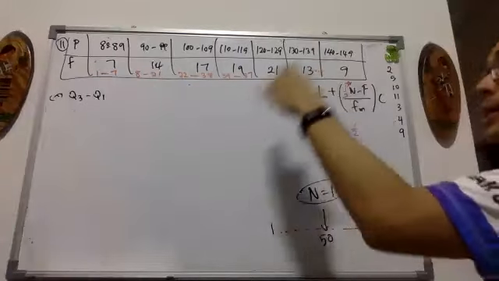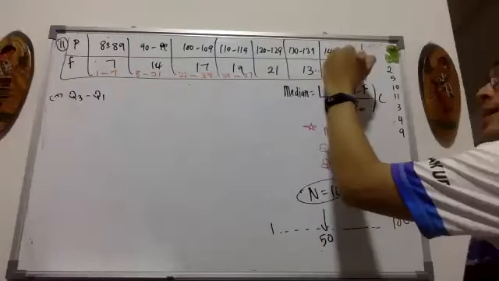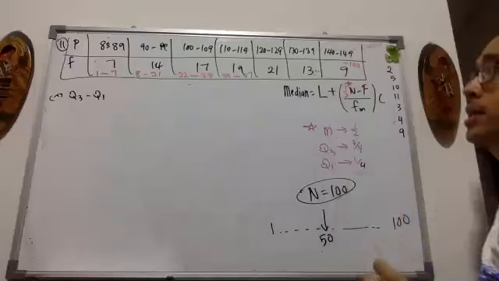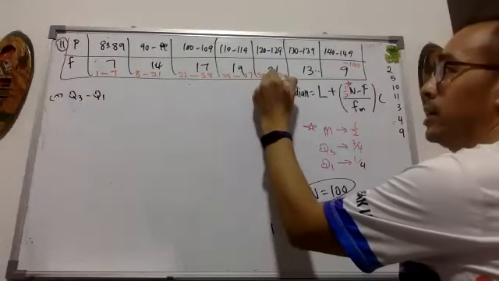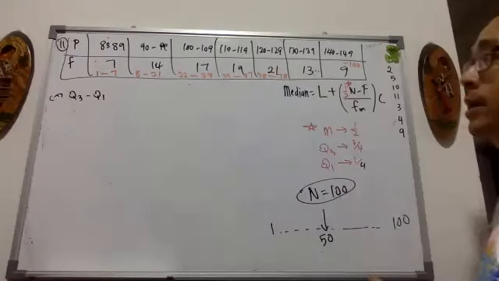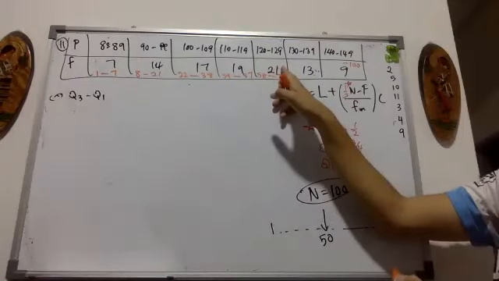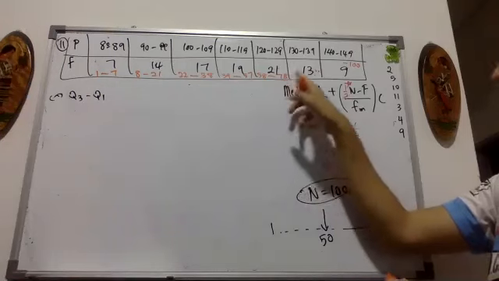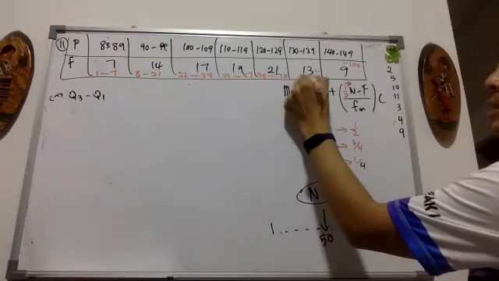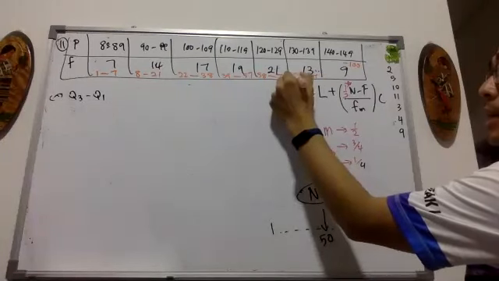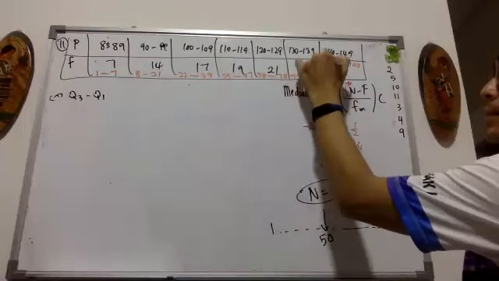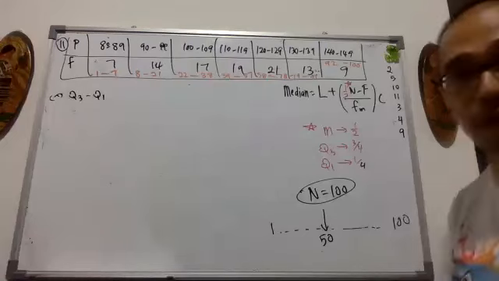Then we continue. The last number here is the 100th person. So the 58th to the 78th person, because 57 plus 21 is 78. Then 78 plus 13 is 91, and this last group is the 92nd until the 100th person.